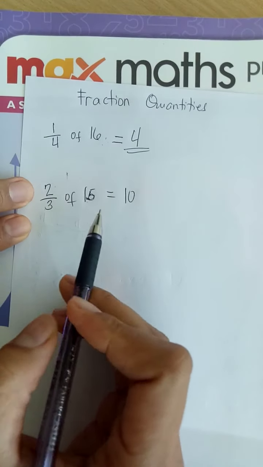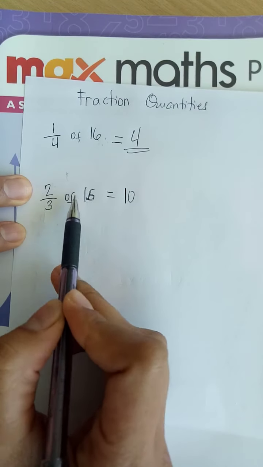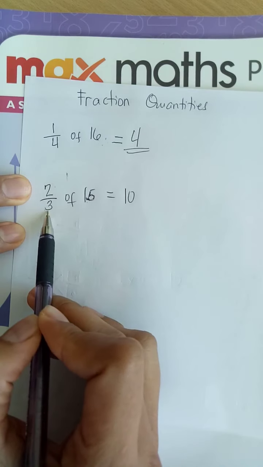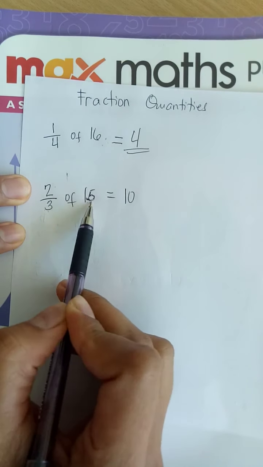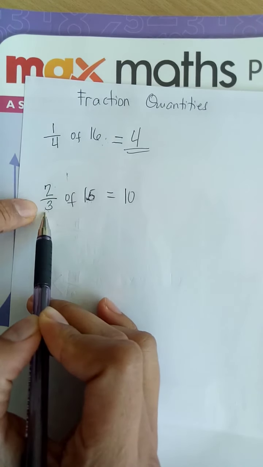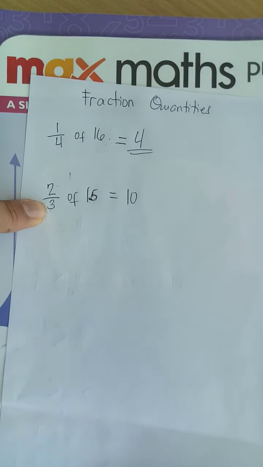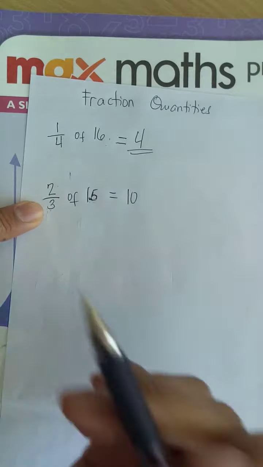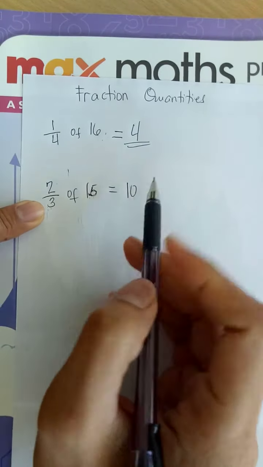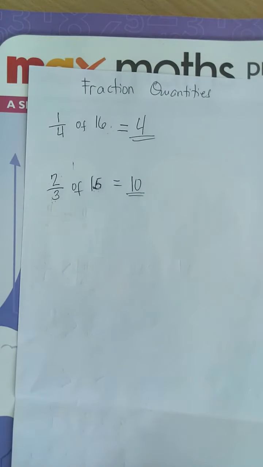What you need to do is you're still going to divide the number by the denominator. So 15 divided by 3, the answer to that is 5. And you're just going to multiply it by the numerator. So 5 times 2 equals 10. So 10 is the answer. That's how you get the fraction quantities of the number.